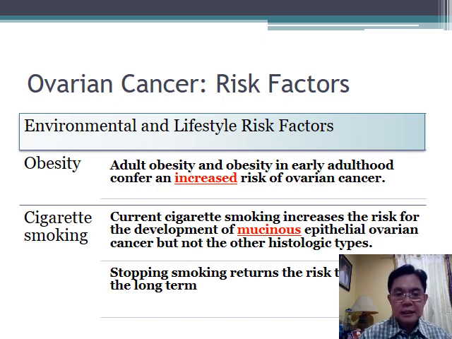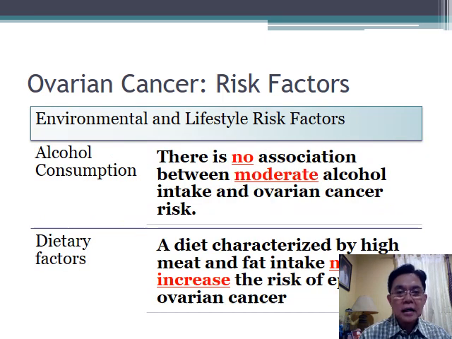That means it will be advantageous for women to stop smoking to lessen the risk of developing ovarian cancer. There is no association between moderate alcohol intake and ovarian cancer, so remember the word moderate. A diet characterized by high meat and fat intake increases the risk of ovarian cancer.